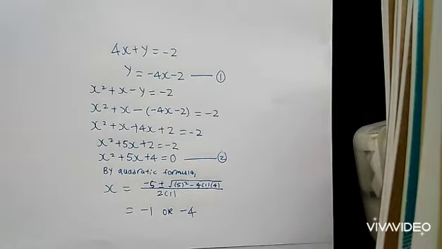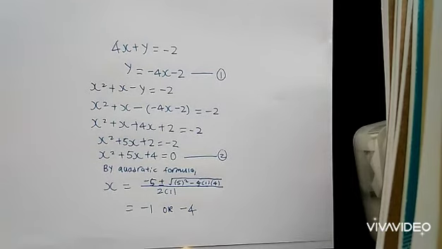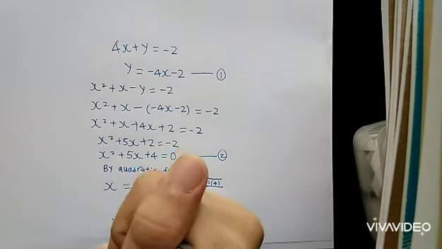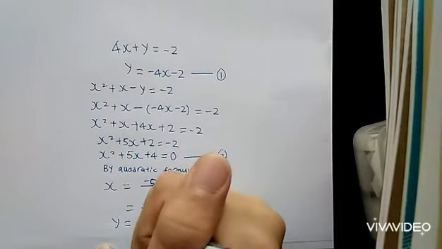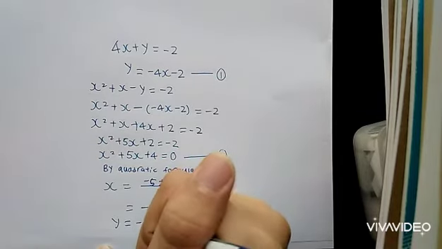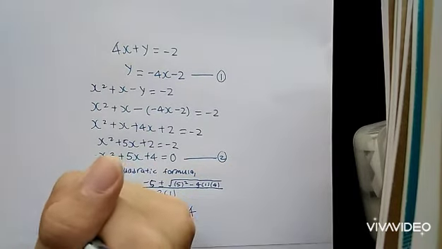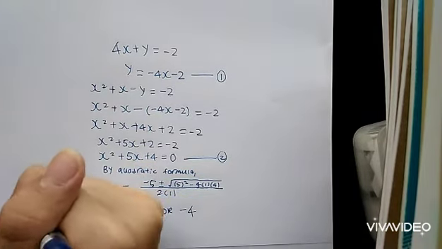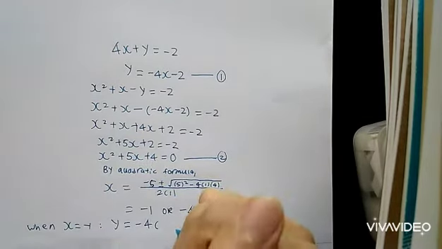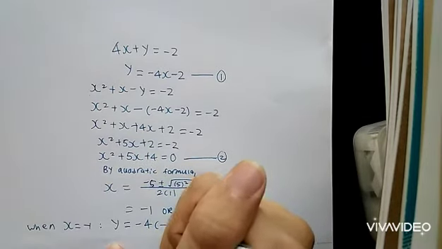Now you're going to sub it back to the simpler equation. So y equals negative 4x minus 2. We'll have x equals negative 1 first. So when x equals negative 1, y equals negative 4 times negative 1 minus 2.